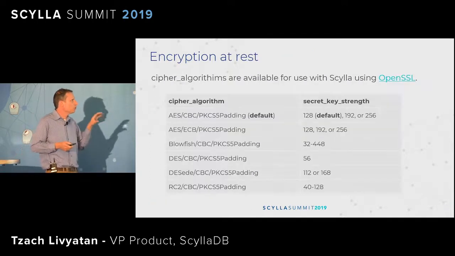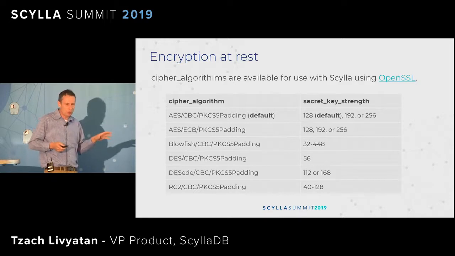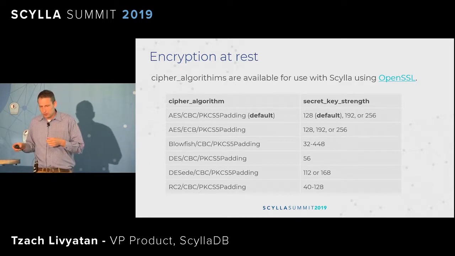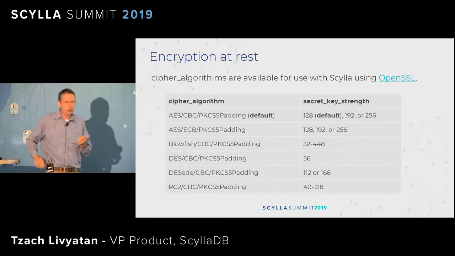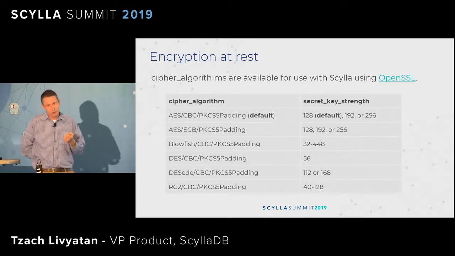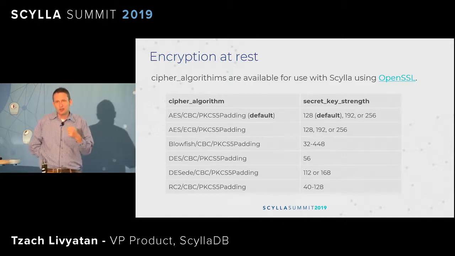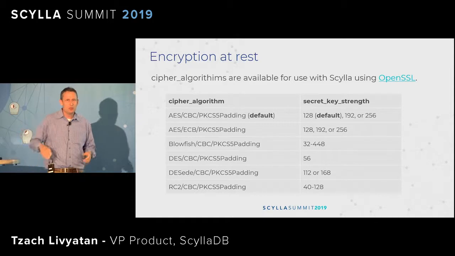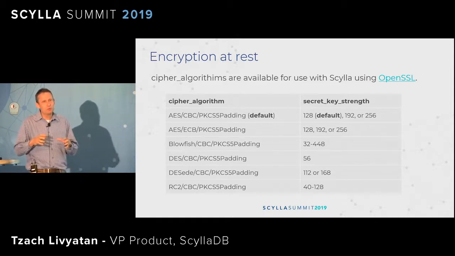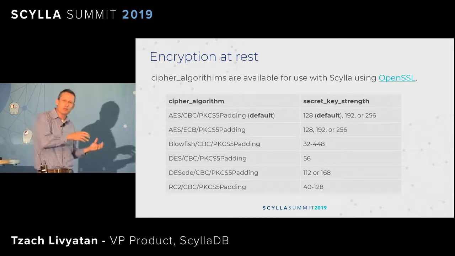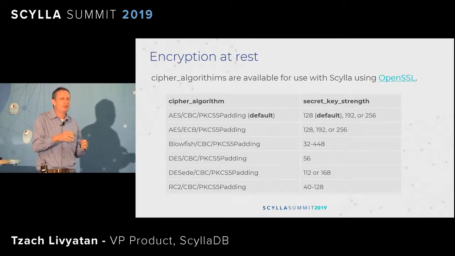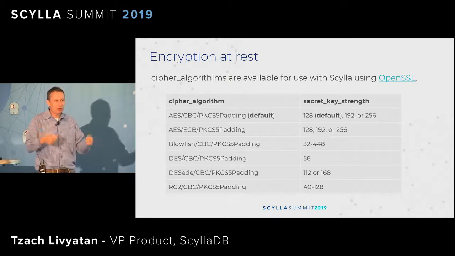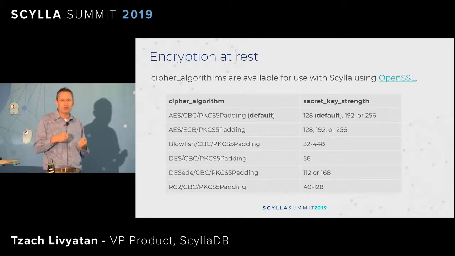Encryption at rest, as I mentioned, is a Scylla Enterprise only feature. It's important to understand what encryption at rest protects you from, because at least in my mind, it's less critical than encryption in transit. Encryption at rest protects you from someone breaking into your data center, taking your hard drive or your computer, running away with it to his lab, and trying to read the information from there.